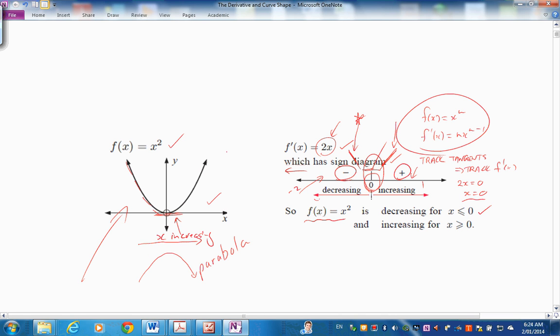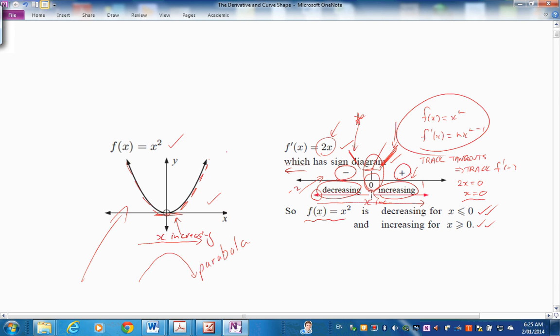I like to think of as we move along the x-axis, x increasing, what is the function doing? In this region, the function is decreasing because its tangents have a negative slope, and on the other side, as x increases, the tangents are increasing here, becoming more positive. And gee, that's what's happening when we come back over to the graph, isn't it?